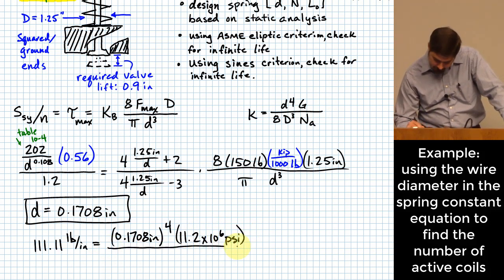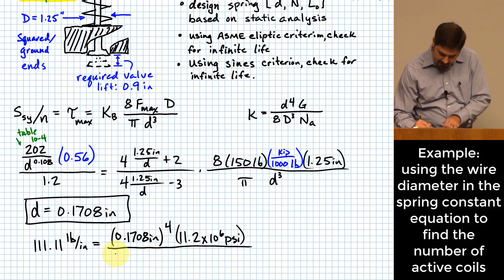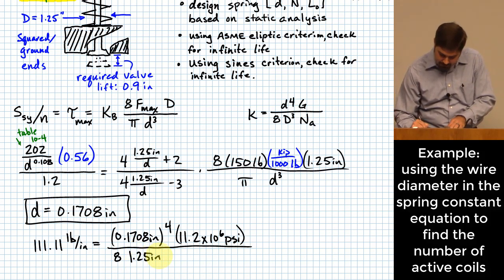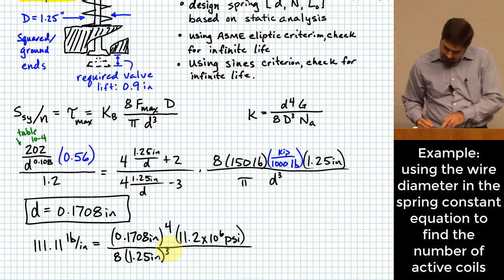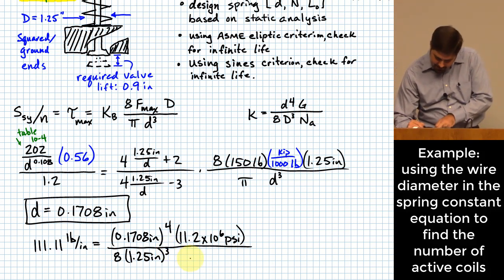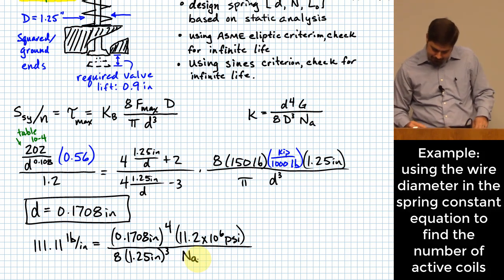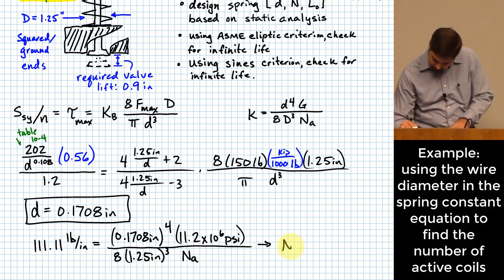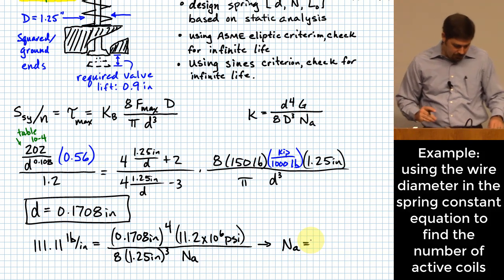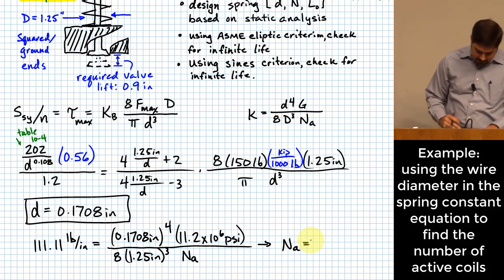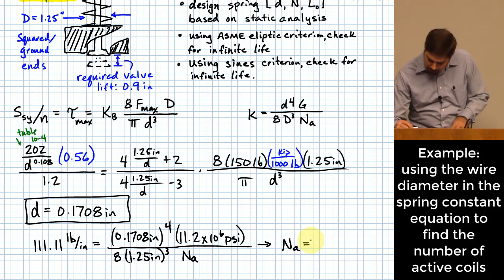In the denominator, I have 8 times D cubed, which again is 1.25 inches cubed. And then lastly, we have that N sub a, which is what we're trying to solve for. If we punch those things in, it comes out to be 5.49 coils.